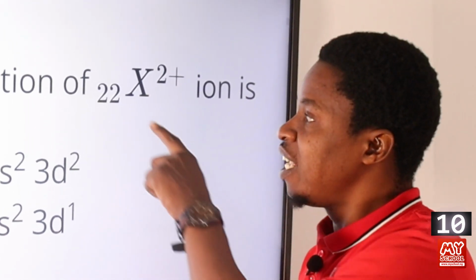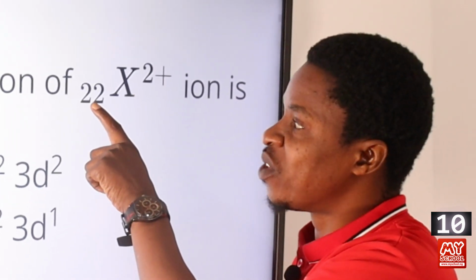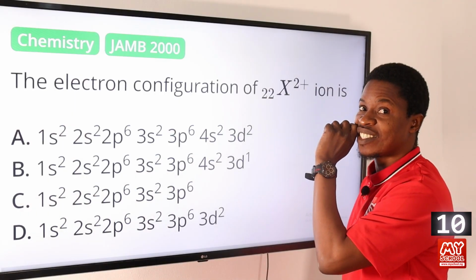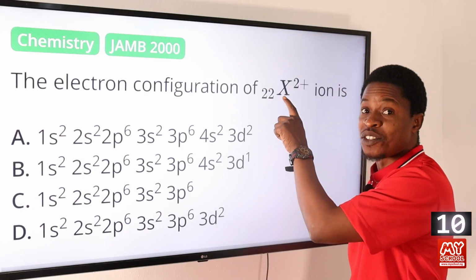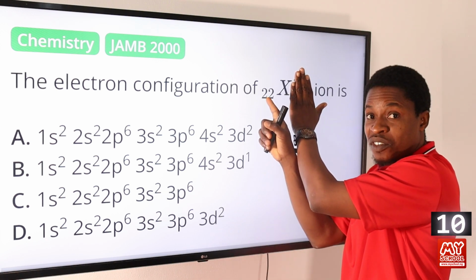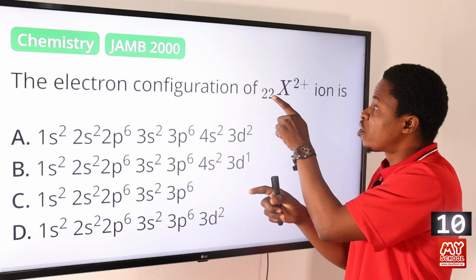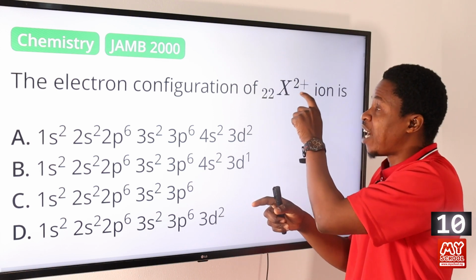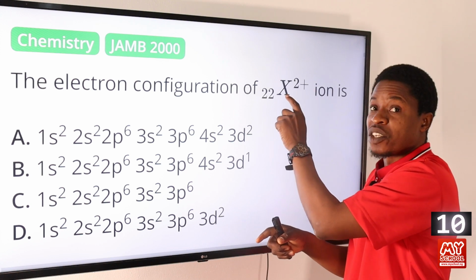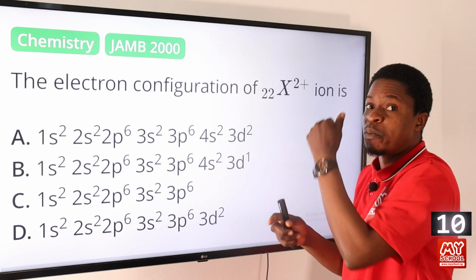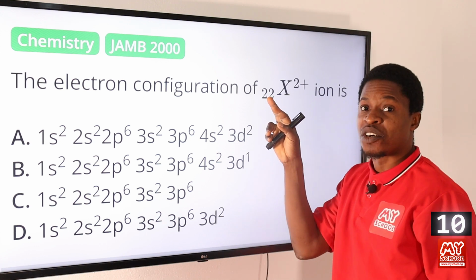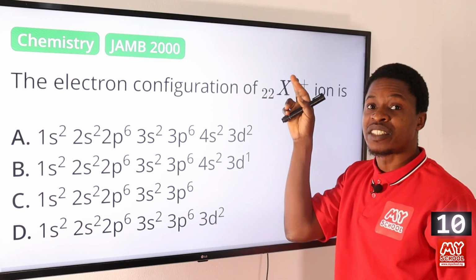Now the question is, if the number of protons were 22, what will be the number of electrons? Remember, this is not a neutral atom. If it were a neutral atom, number of protons would have been equal to number of electrons. But in this case, 2 electrons have been given out, so electrons will no longer have the same number as protons, because it has been shortened by 2.